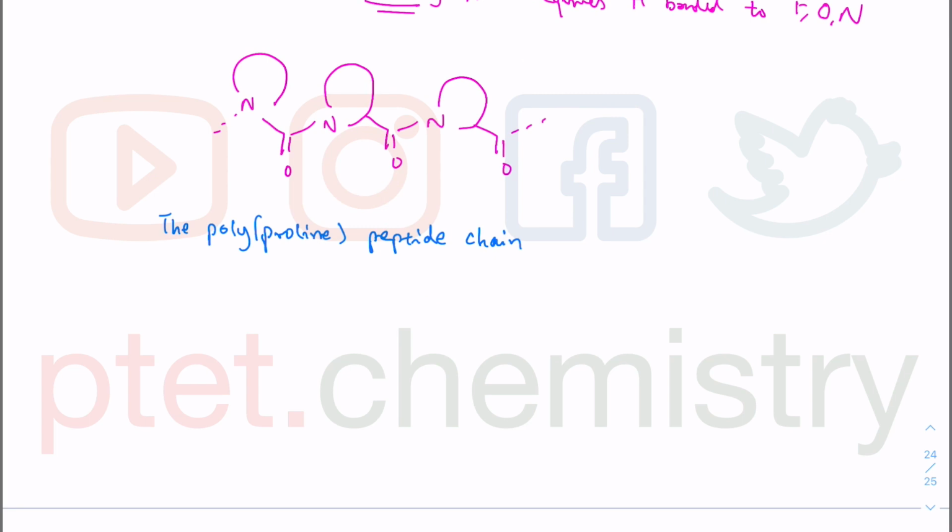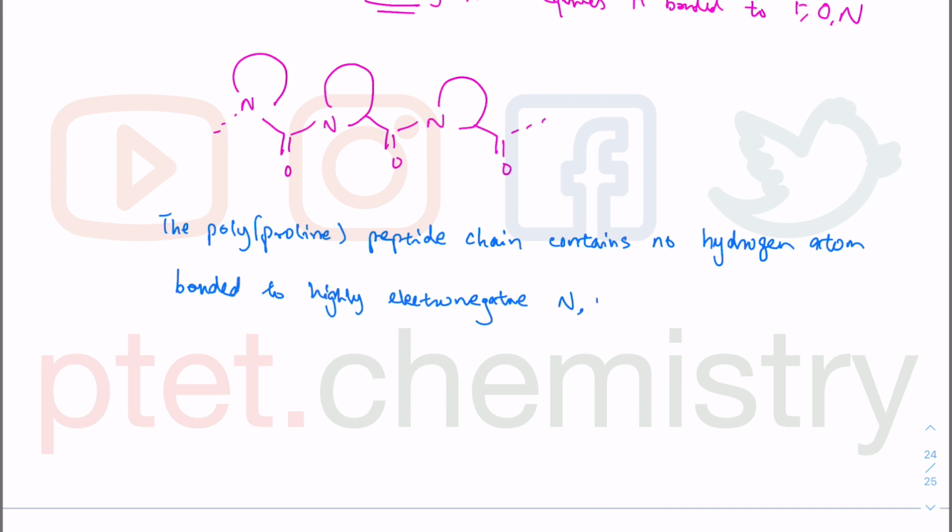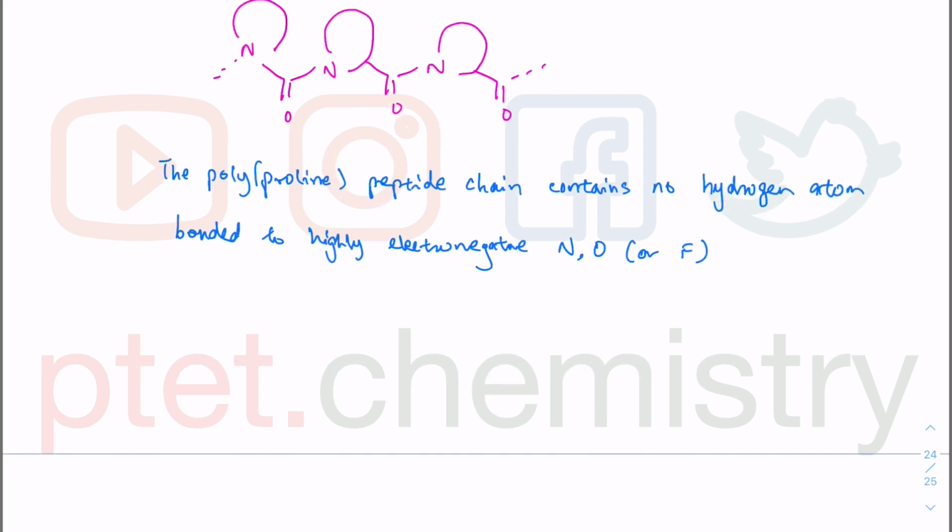That chain contains no hydrogen atom bonded to a highly electronegative element: nitrogen, oxygen, or fluorine. Fluorine is not available in this case, but you have oxygen and nitrogen, and none of them contains hydrogen bonded to itself. So therefore, no hydrogen bond is possible, just for that 1 mark, which is a suggestive kind of question.